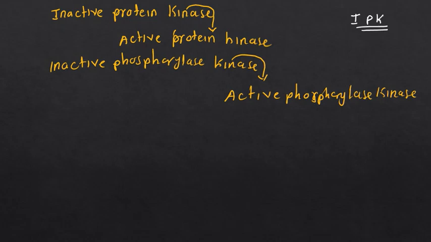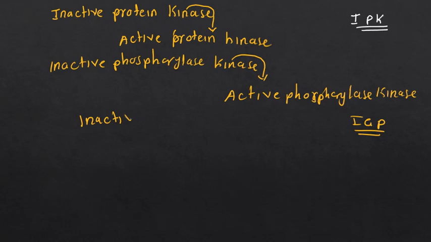Then we have the IGP, inactive glycogen phosphorylase. IGP comes after active phosphorylase kinase.